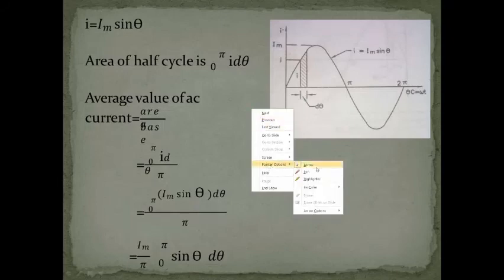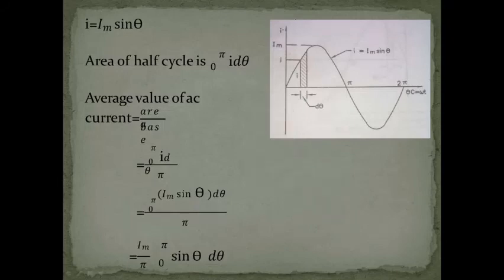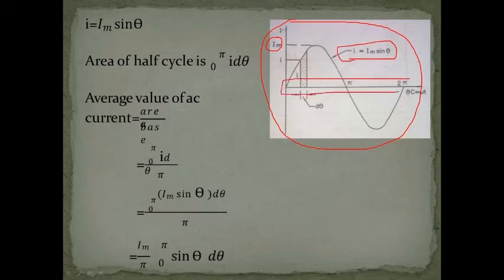So now let us consider a sinusoidal signal with amplitude Im. This is the peak value. The instantaneous value is denoted as I is equal to Im sin theta. The time period is 2 pi. The area of the cycle is defined as 0 to pi of I d theta.